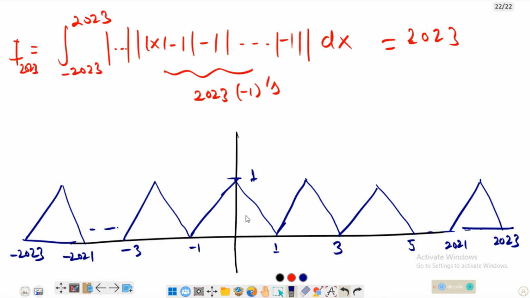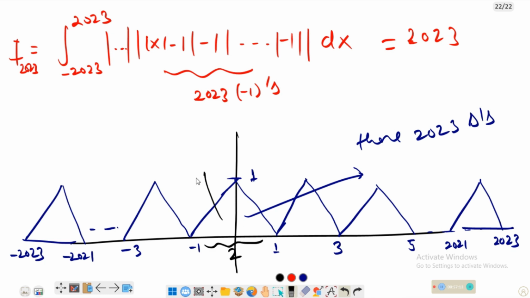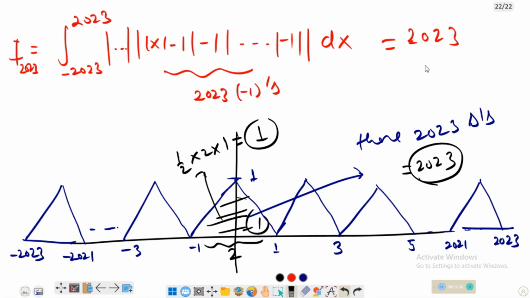So there are 2023 triangles, and the area of each triangle is, base is 2 and height is 1, so 1 by 2 into 2 into 1 is equal to 1. So each area is 1 and there are 2023 triangles, so the sum of 1 up to 2023 is equal to 2023. So this area is the integral of this function.